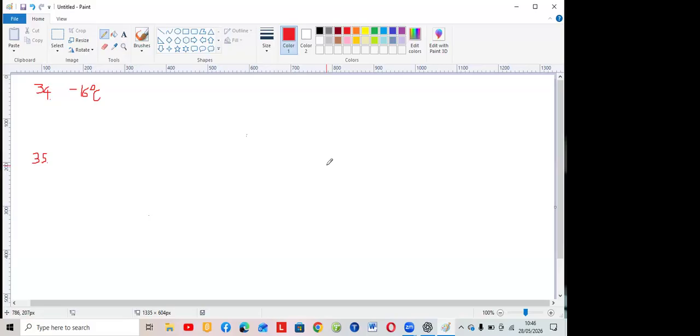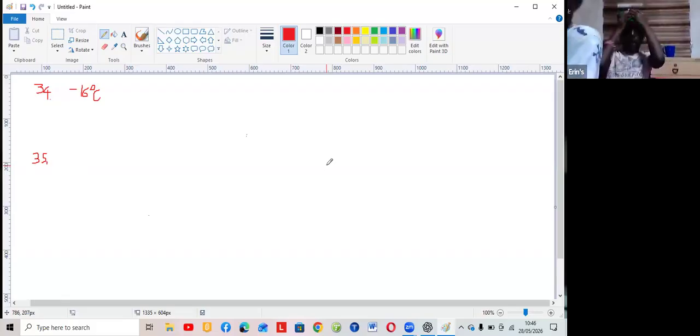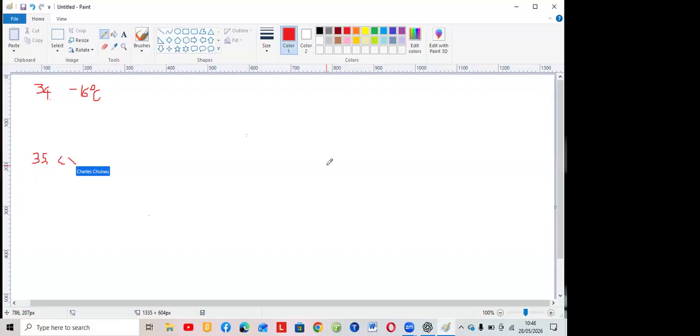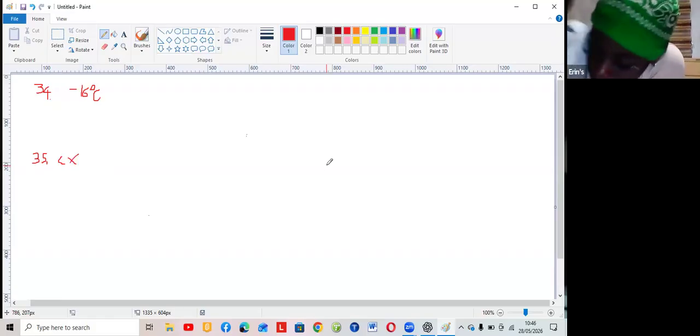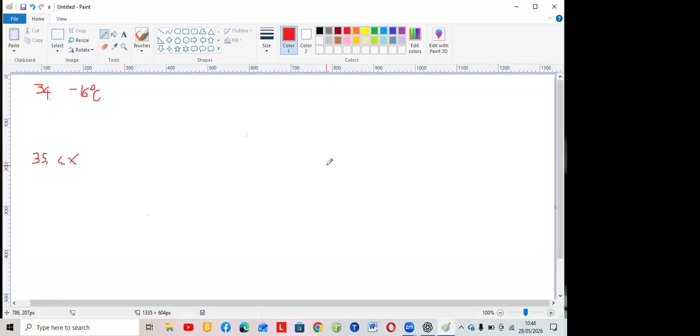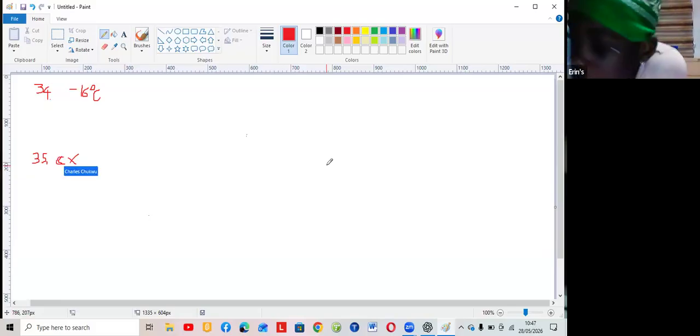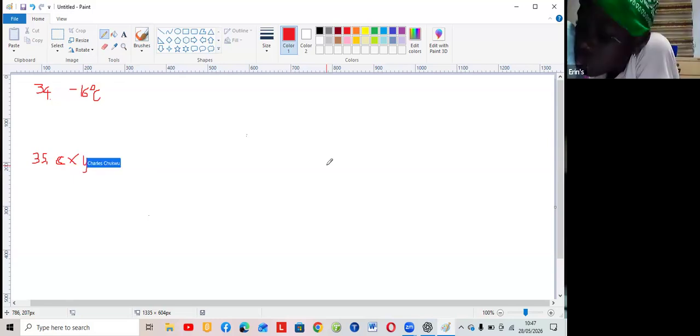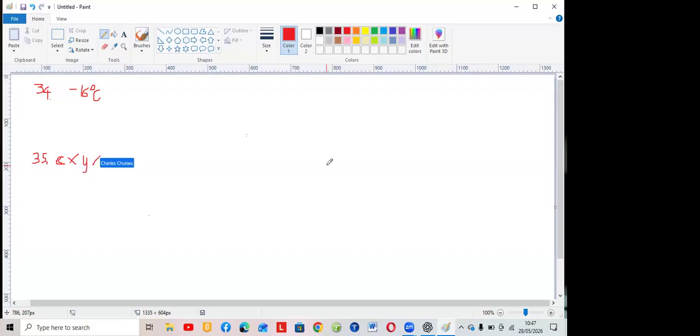Okay, number 35, please. It says find the value of C times Y times X raised to power 2. Give me the expression first. C times Y times X raised to power 2.